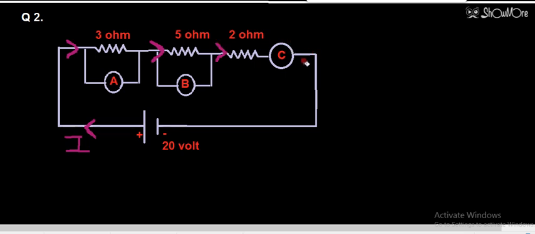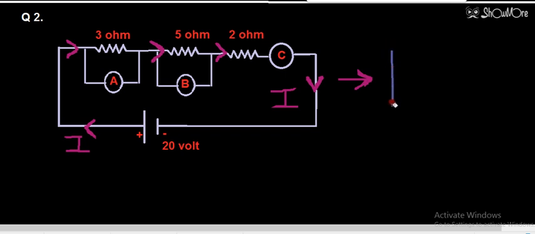Then the same current flows through C, and through this portion also, this is I. So students, now you can see the same current is flowing through 3 resistances. That means these 3 resistances will obviously be in series combination, because in series combination the same current flows.